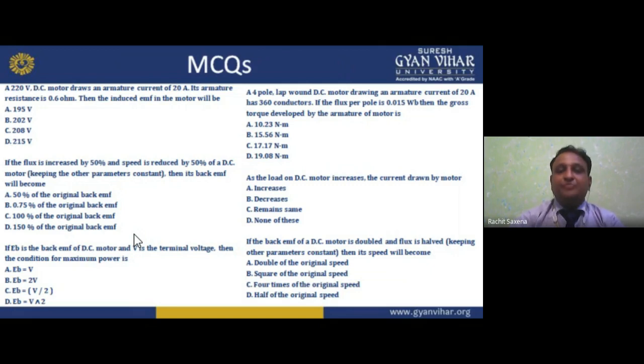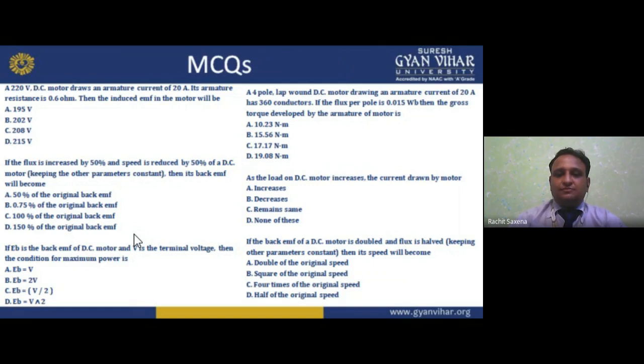Now a 4-pole lap-wound DC motor drawing an armature current of 20 ampere has 360 conductors. If flux per pole is given, then the gross torque developed by the armature, we know the equations basically.